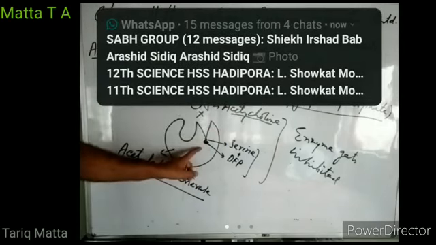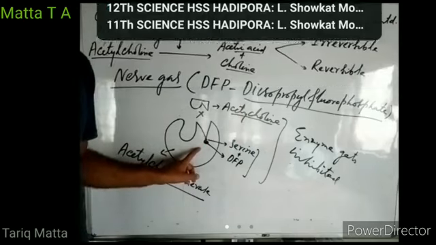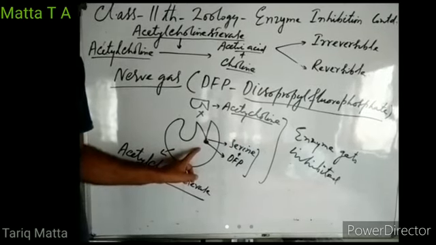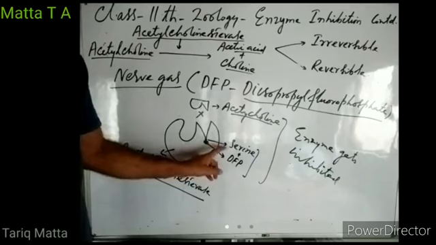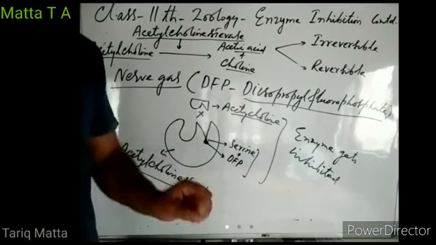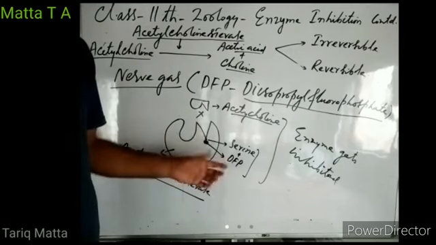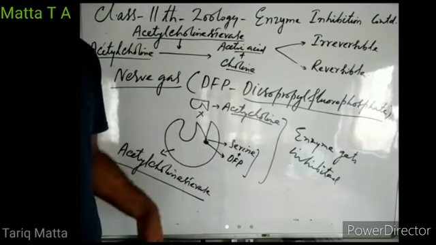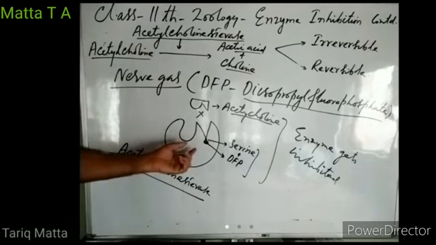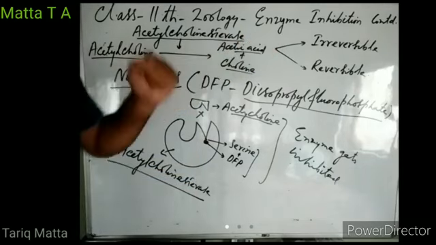Once the diisopropyl fluorophosphate binds to the serine amino acid, it binds permanently. So the enzyme gets inhibited permanently. We cannot remove this diisopropyl fluorophosphate from the serine amino acid. That is why we call it irreversible non-competitive inhibition.